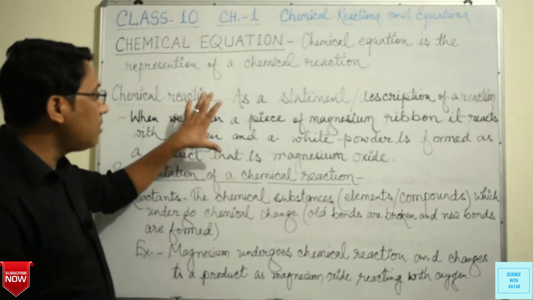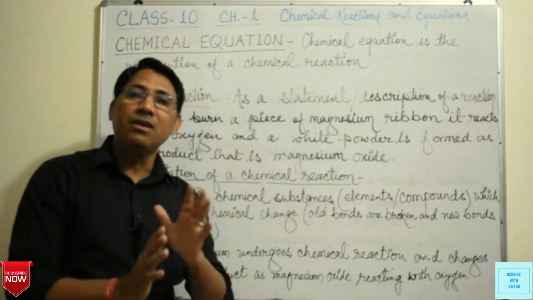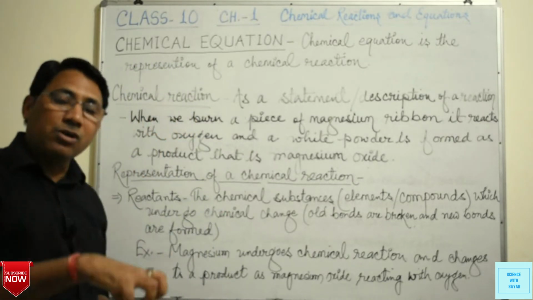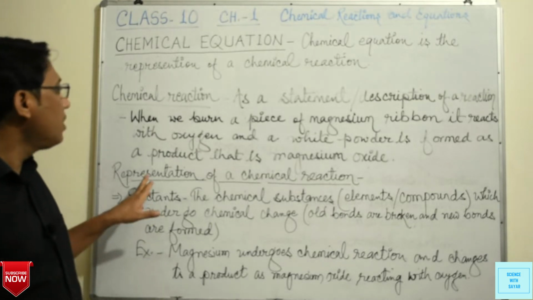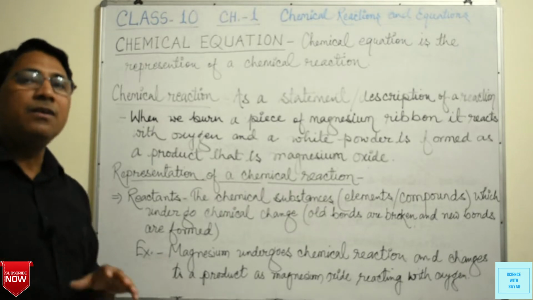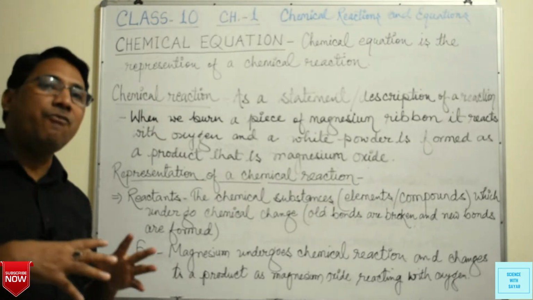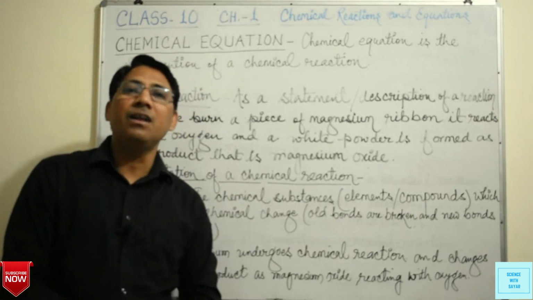If we convert this statement or description of a chemical reaction in a shorter way, shorter method. That shorter way is known as chemical equation. So chemical equation is the shorter representation, or it is a way or method of representing a chemical reaction in a shorter way.